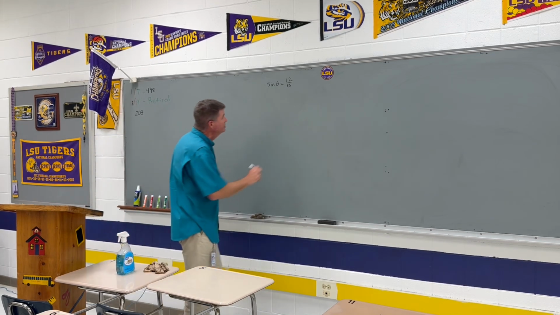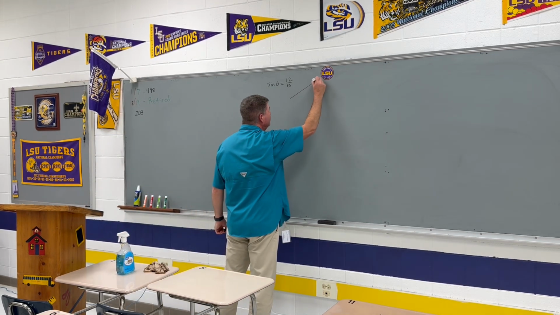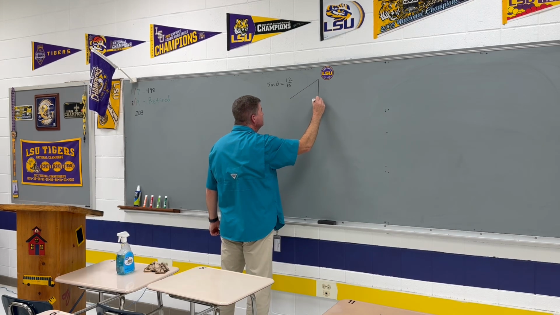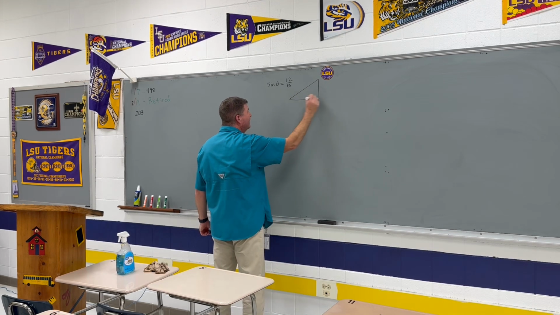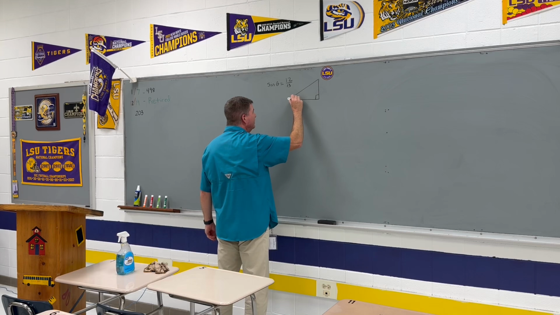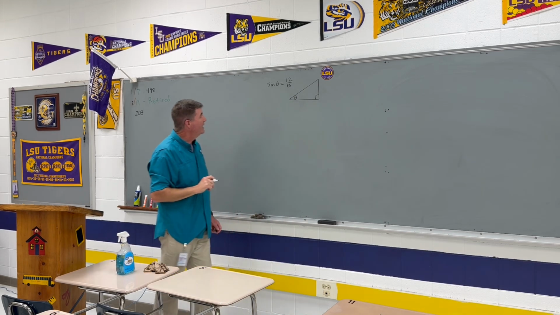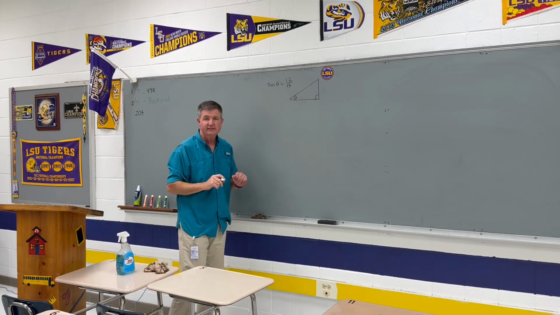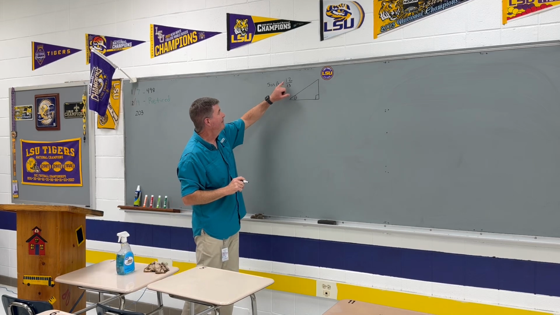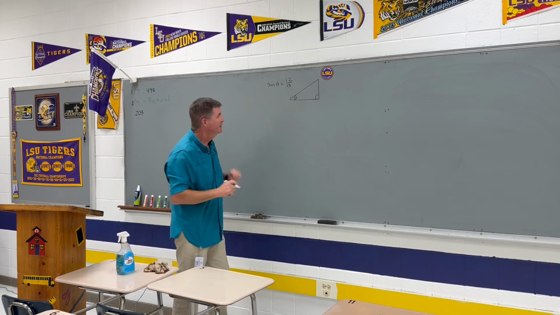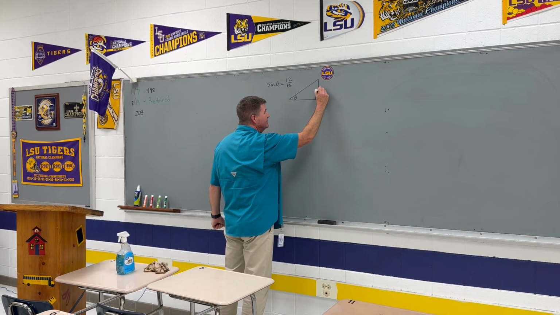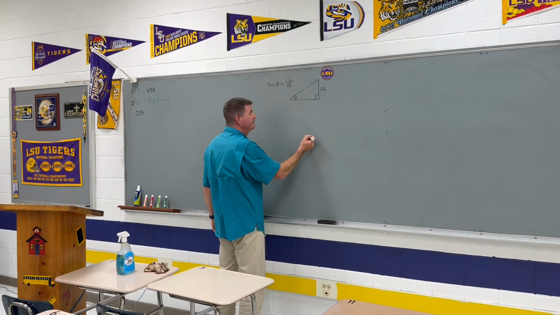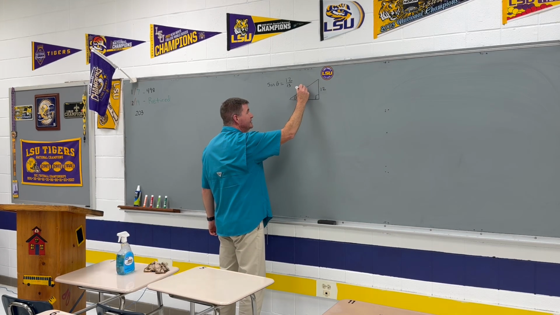So if I want to sketch a triangle, it's going to be a right triangle where we have theta, and the sine is going to equal 12/13, and we know that the sine is opposite over hypotenuse. So the opposite side is going to be the side farthest away, and the hypotenuse is here.